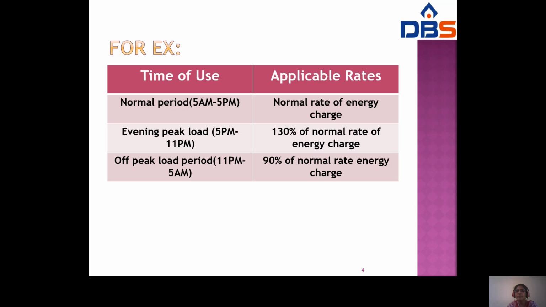In the normal period, that is 5 AM to 5 PM, the normal rate of energy charges applies. In the evening peak load period, that is 5 PM to 11 PM, 130% of the normal rate of energy charges applies. In the off-peak period, that is 11 PM to 5 AM, 90% of the normal rate of energy charges applies. So depending upon the time, the normal period is charged normal rates, the peak load period is charged 130% of the normal rate, and the off-peak period is charged 90% of the normal rate.